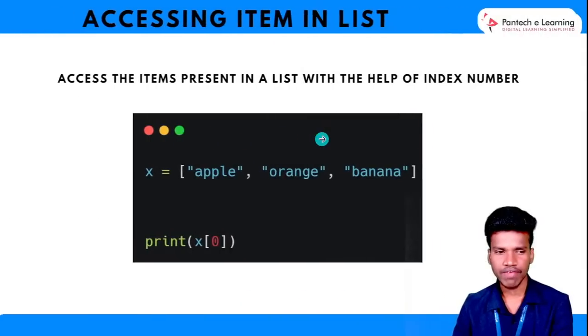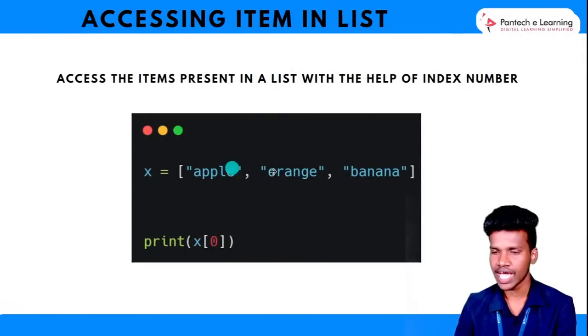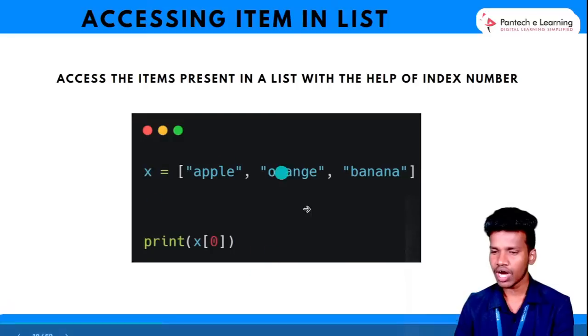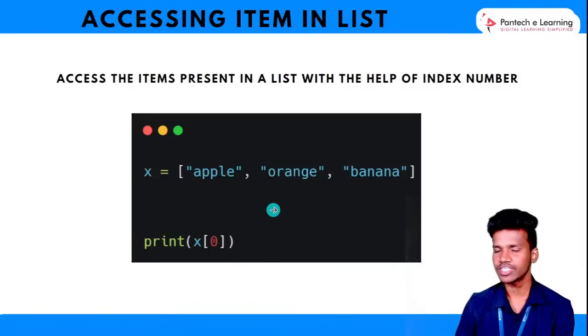So the list has multiple functions. One is accessing items in a list. We will see this already, right? Based on the index number, we access the list. A list is a collection of strings. For example, apple, orange, banana. Each fruit is one string, and the collection of strings is called a list.